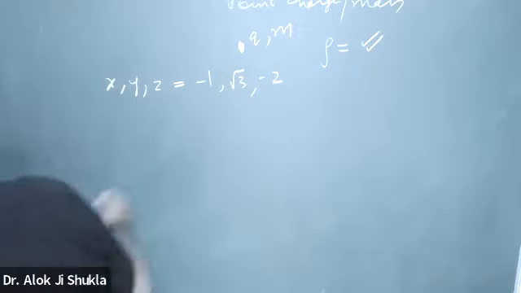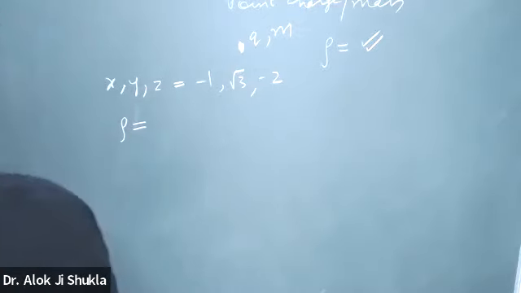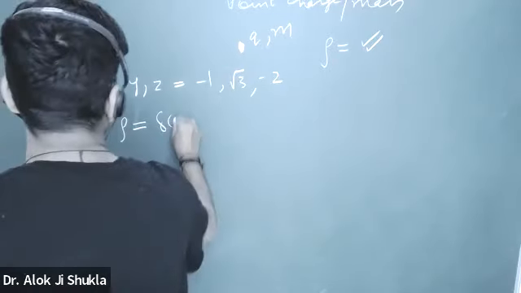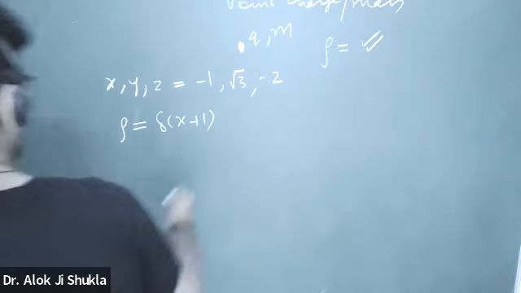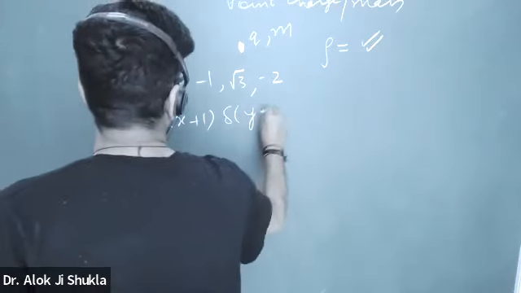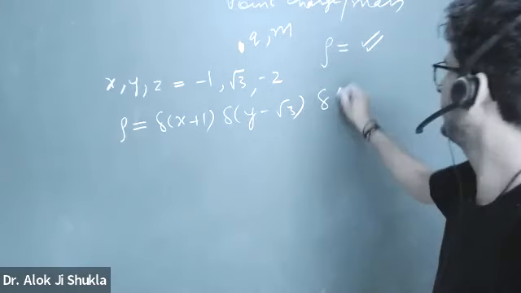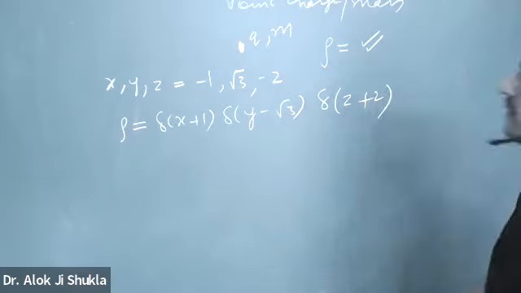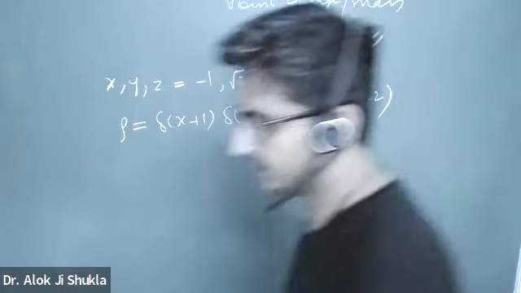And the charge density is equal to delta function x plus 1, delta function y minus root 3, and delta function, how will it be written? z plus 2. This is the charge density or mass density, whatever you want to write.